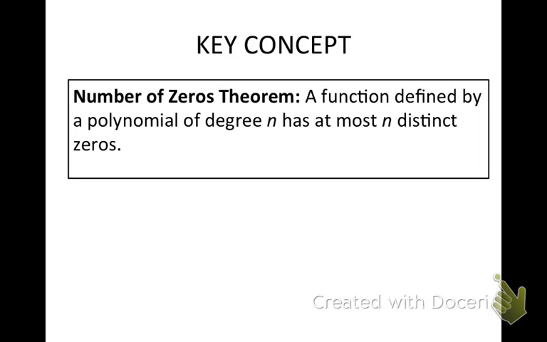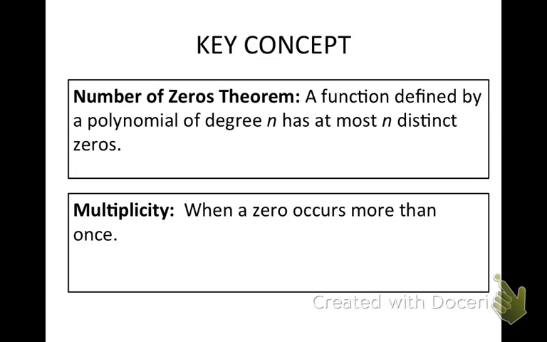Now with that being said, sometimes you end up getting a zero more than once. And that's called the multiplicity of that zero. So this might be a new word that you haven't heard before. When we say that something has a multiplicity, it's when a zero occurs more than once.